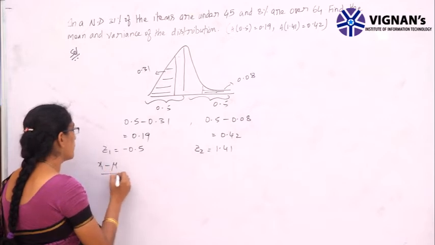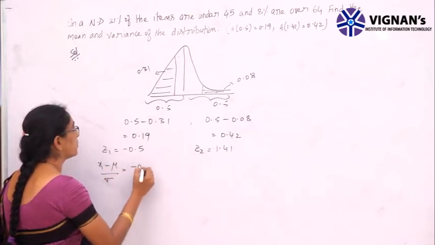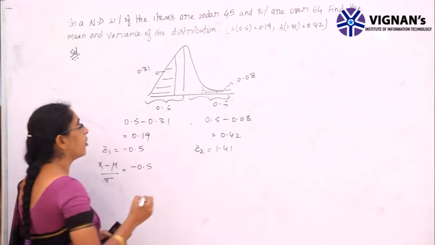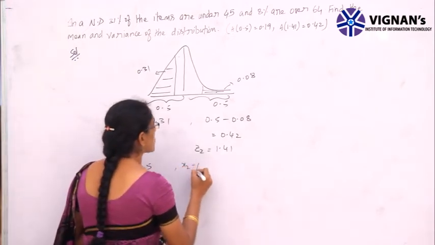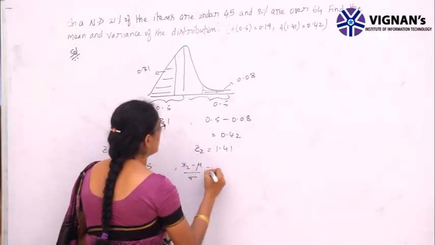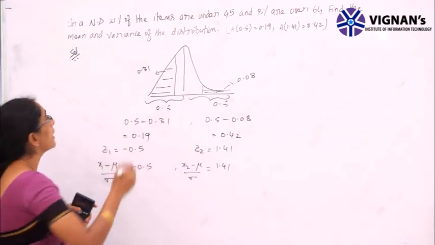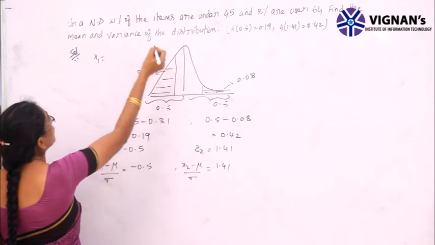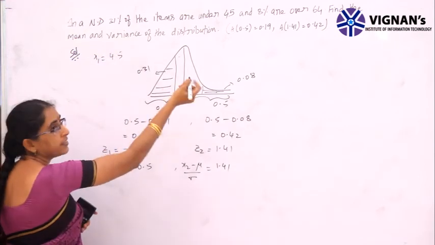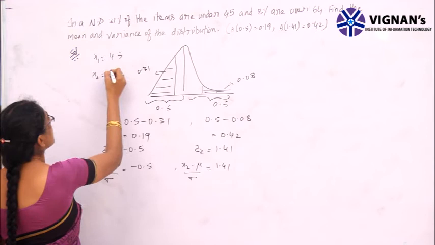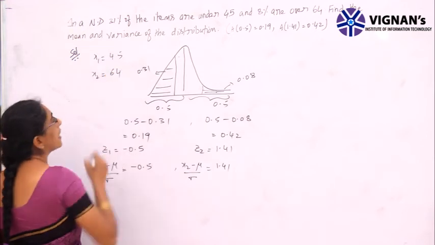Okay, but actually what is the formula for Z1? X1 minus mu by sigma is equal to minus 0.5. The formula for Z2 is X2 minus mu by sigma is equal to 1.41. What is X1 from the problem? X1 is 45, under 45, and X2 is over 64, means X2 is 64.